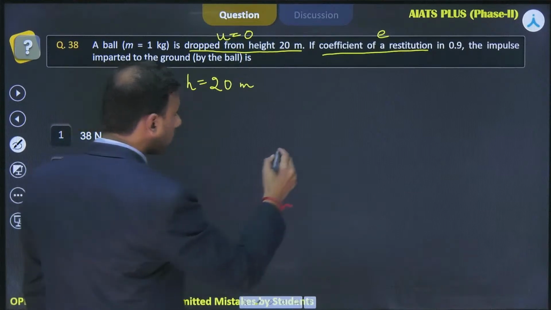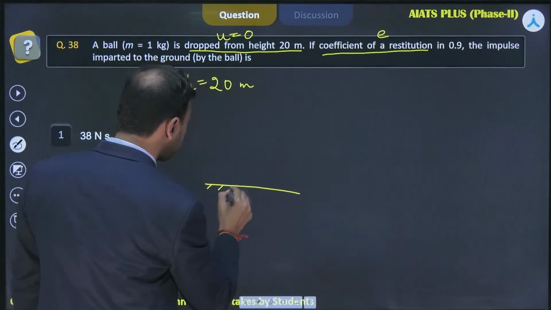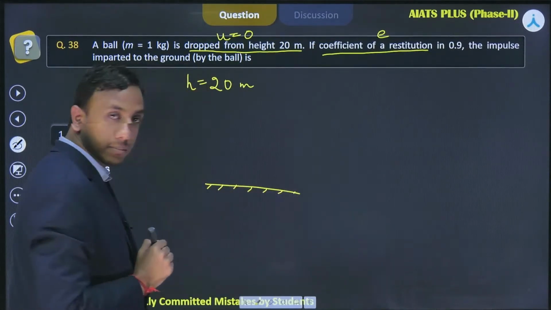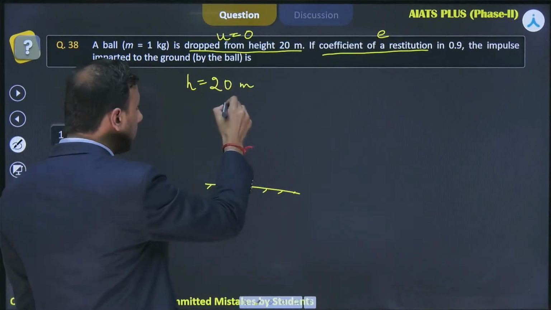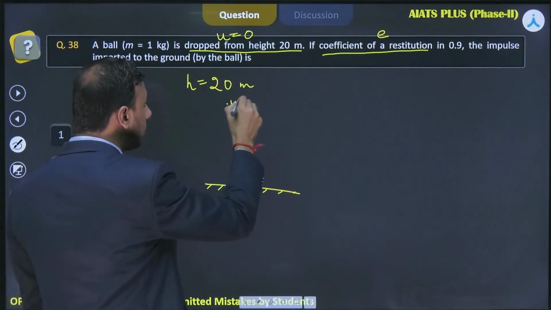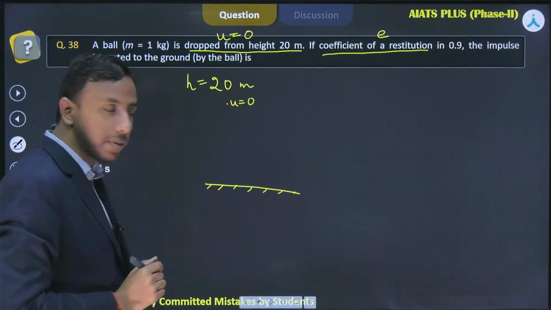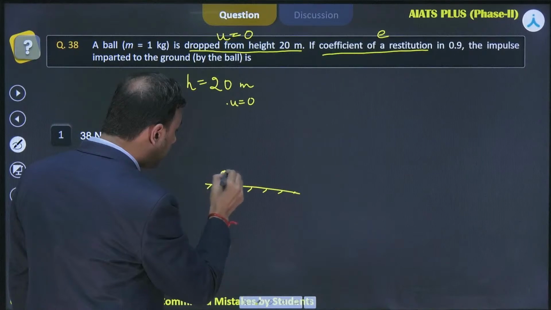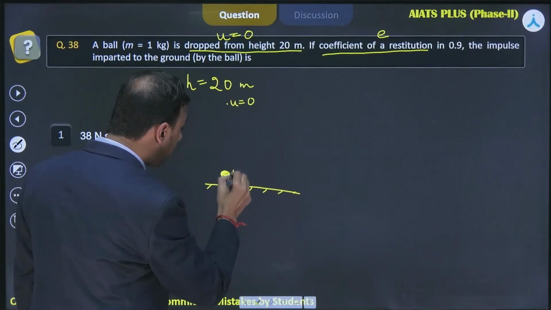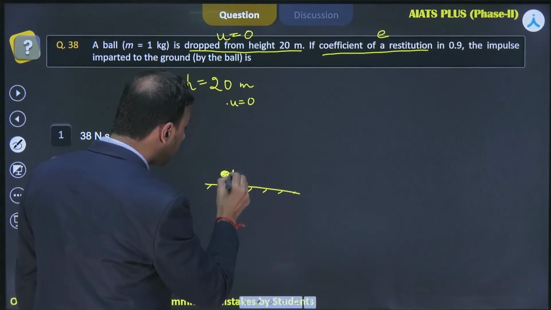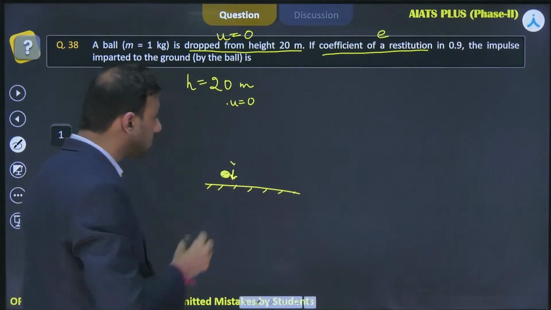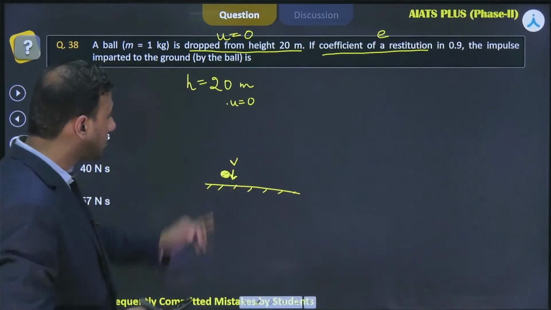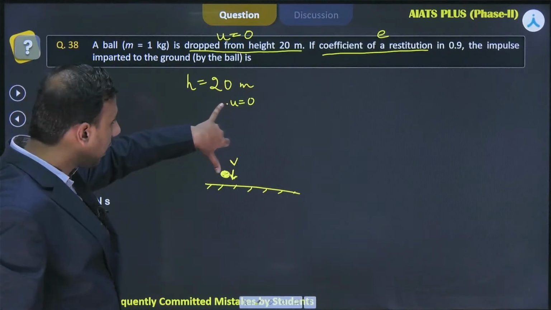So let's say this is the ground, and we are dropping the ball from above. That means initially u would be equal to 0. And what would be the velocity with which the ball will strike the ground? Can we find that velocity? Yes, we can, because height h is given.